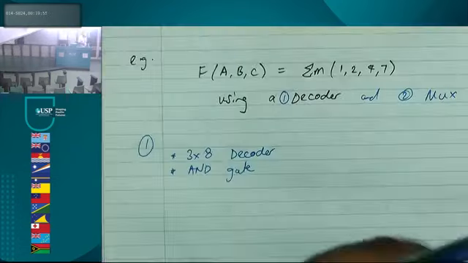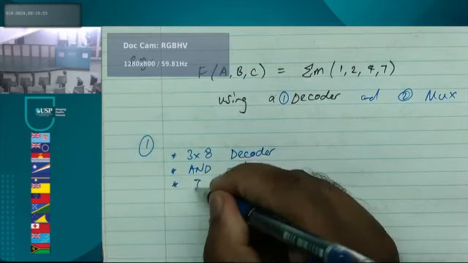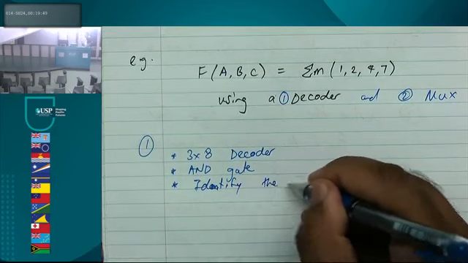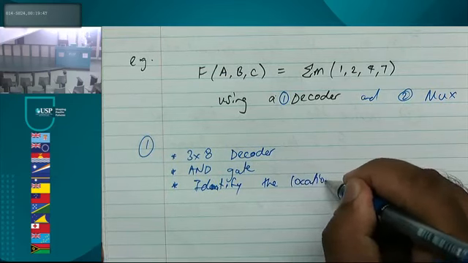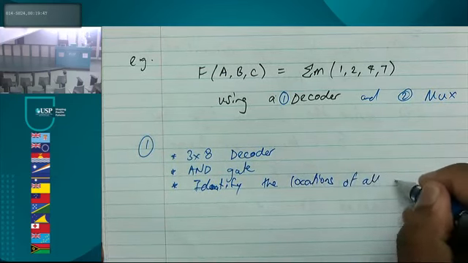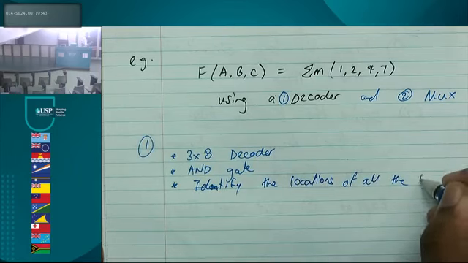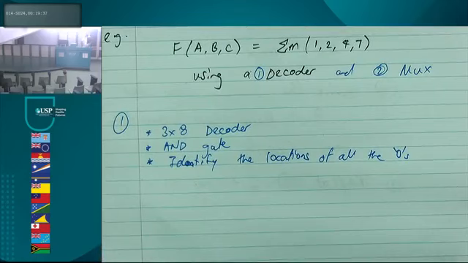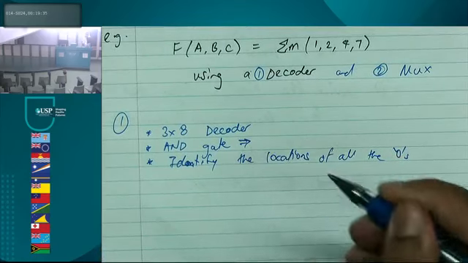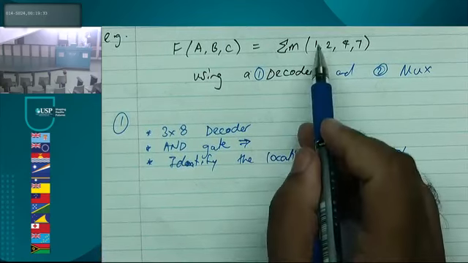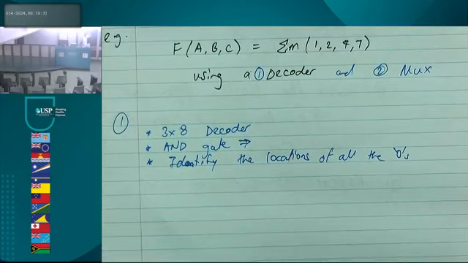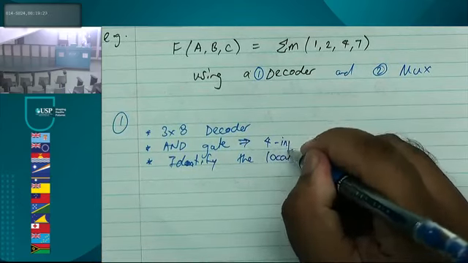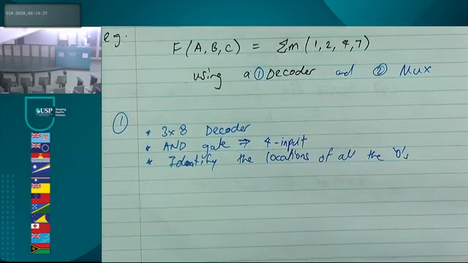You're going to identify the locations of all the zeros. How many input AND gate will you need, guys? If there's 4 ones, there will be 4 zeros. So you need a 4 input AND gate.